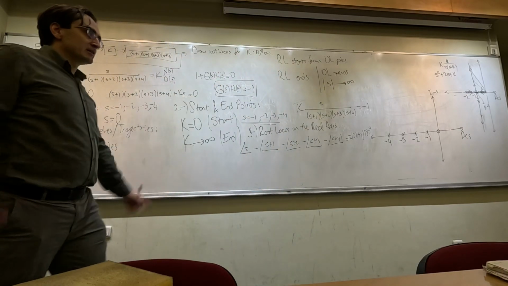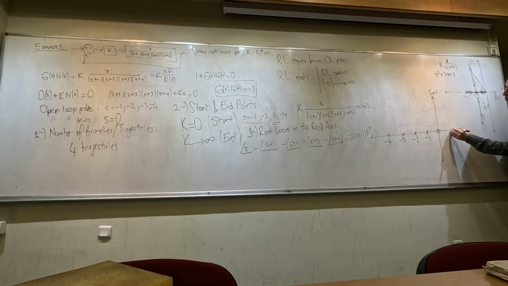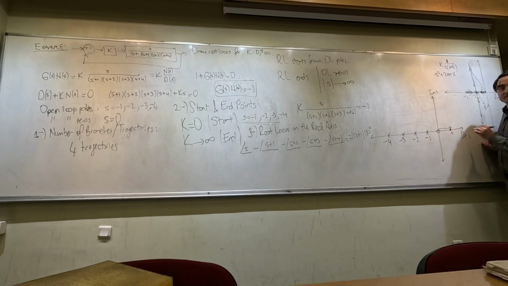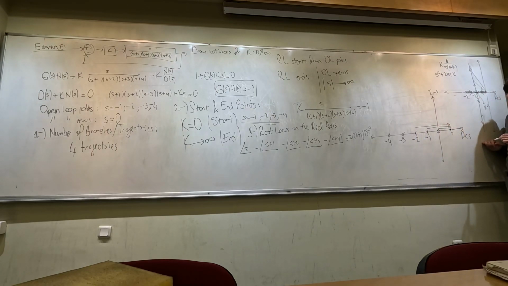So now here, let me try to check the angle condition for a point here. Okay? Let me say that this is my S point. Okay? So here I'm looking at those vectors. The vector S is looking like this. The vector s plus 1 is looking like this. Vector s plus 2 is looking like this, etc.